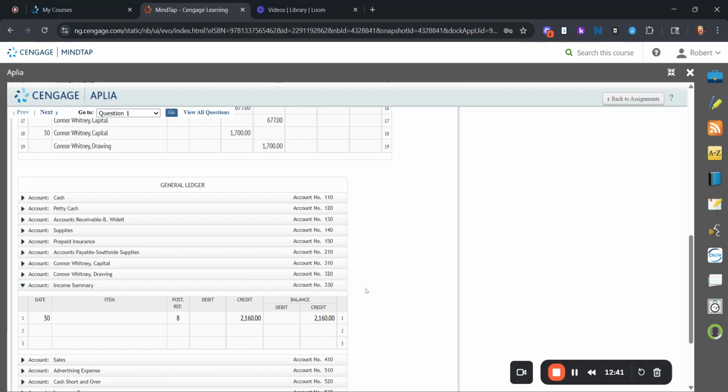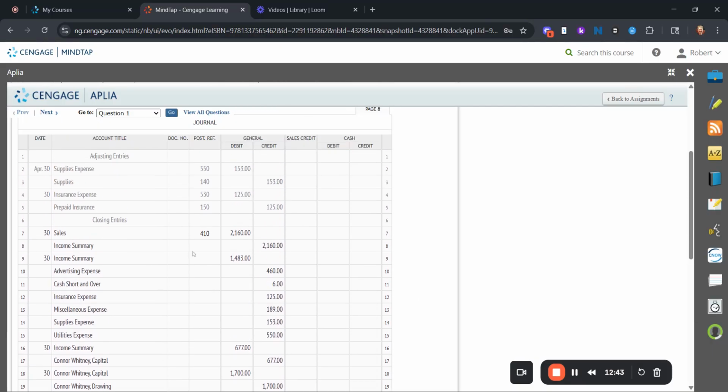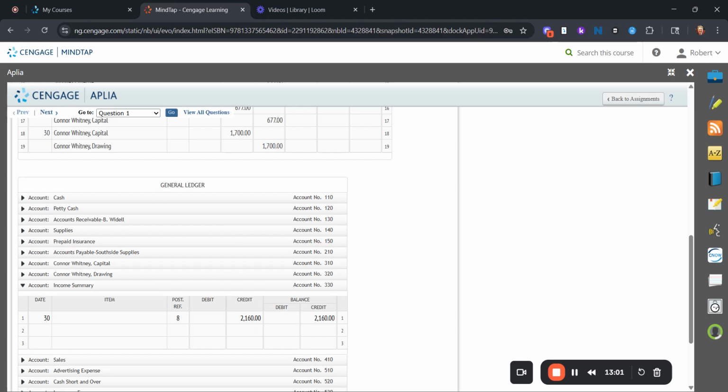We have our account number 330. Now we've got another income summary entry for $14.83. Go ahead and put that account number there. So $14.83 debit. So that last entry gave us a credit on the account, $21.60.